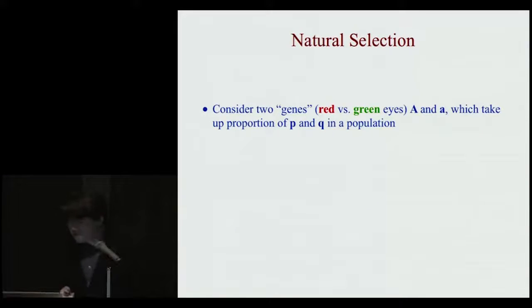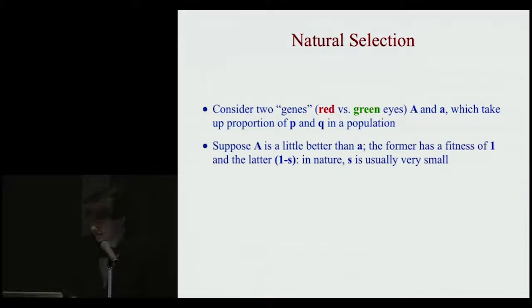Okay. So here's the basic model of natural selection. Let's say you have two genes or two competing variants, call them big A and small a. Could be red eye or green eye, in fruit fly. And they make up the proportion of P and Q in the population, so percentage of P and Q. And let's say, for whatever reason, the red eye, big A is slightly better.